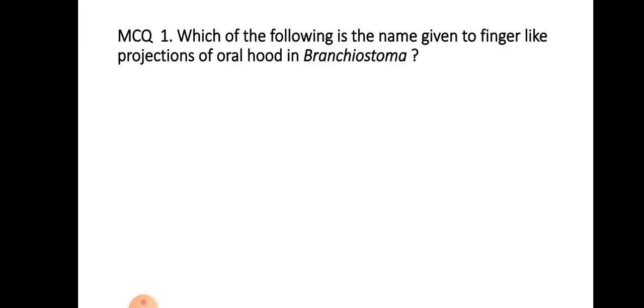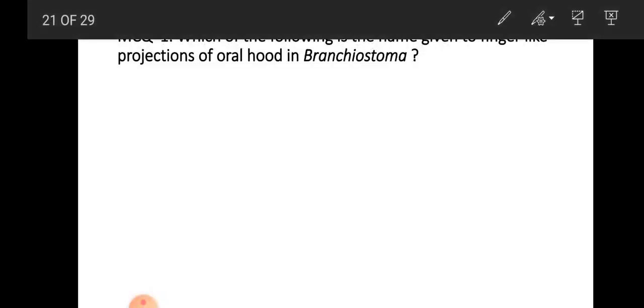Now let's look at a few questions to know how well we have understood the content. For example, which of the following is the name given to finger-like projections of the oral hood in Branchiostoma?